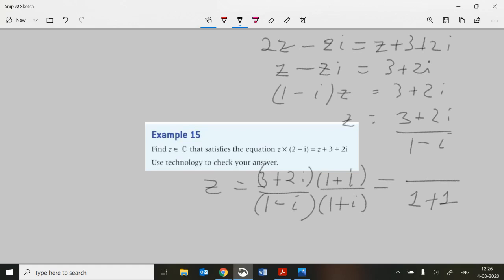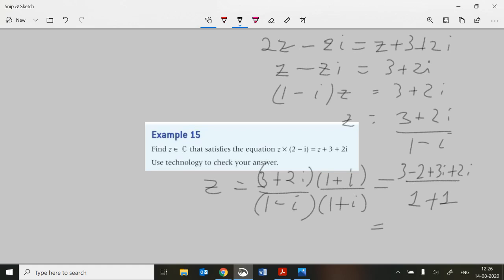And then on the top, we're getting out 3. And I'm just going to do my whole numbers first. So I'm going to do this times this, so minus 2. And then we're getting 3i, and we're getting 2i there as well.